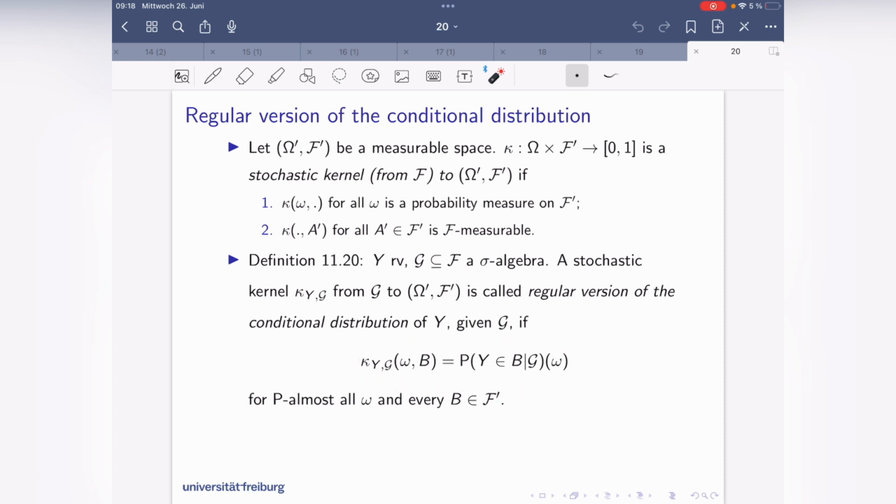At least it holds for P almost all omega and every B in F prime. So every B here and almost every omega in the first component. So given G, that's a probability distribution on what the Y does. Okay, so we want to have exactly some kernel like this here.